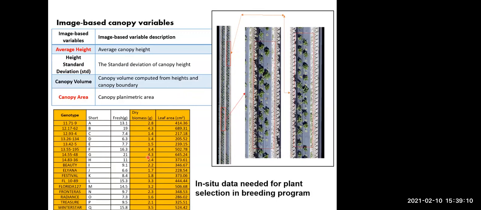So the plants on each plot are taken out every week, and then this plant is analyzed in order to measure the dry biomass or the leaf area. Those are very important characteristics of the different varieties and different plants, and those are needed by the breeding program. So we have the image data, and also we have the in situ data, and we have these for different genotypes, and we have them every week in the strawberry season.